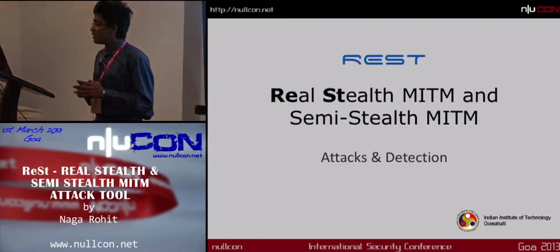Let's say this is Alice and this is Bob, and the IP of Alice should actually be mapped to the MAC of Alice. But the attacker forces his MAC address onto Bob, so that the IP binding of Alice is mapped to the MAC of the attacker. And similarly, the IP of Bob is mapped to the MAC address of the attacker at Alice.